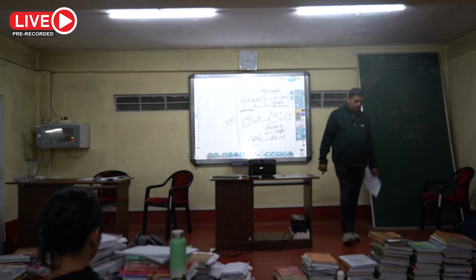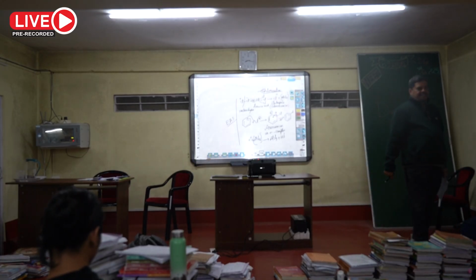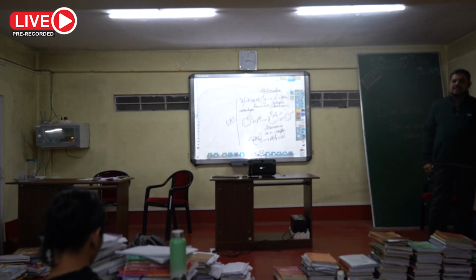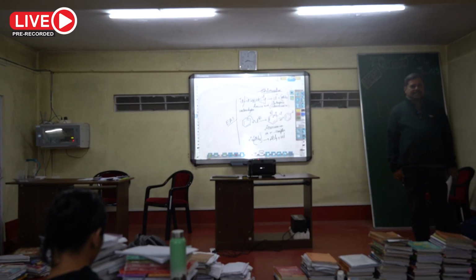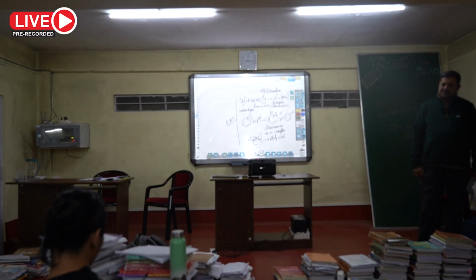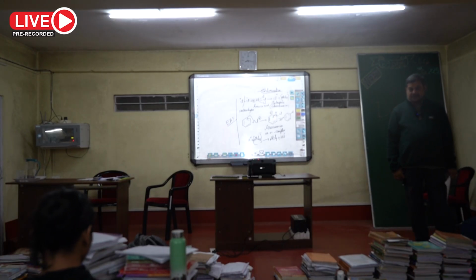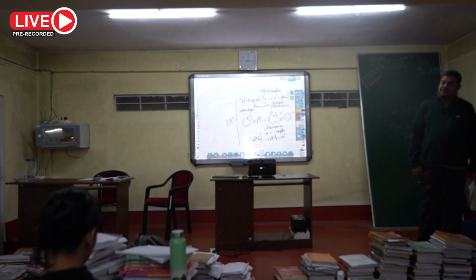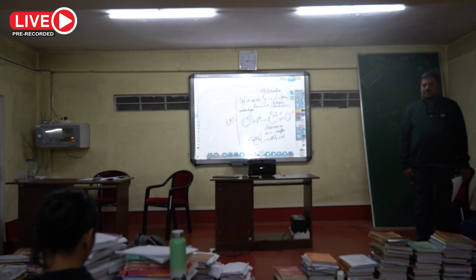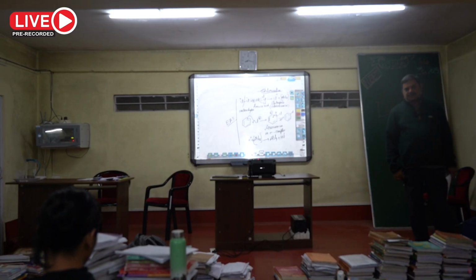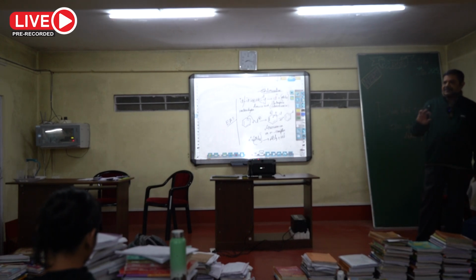Generally we write it as Cl plus. Here Cl plus is somewhat hard to digest, but don't worry, it will be formed. In heterolytic bond fission, always ions are formed. In homolytic bond fission, free radicals are formed. So that is the difference.